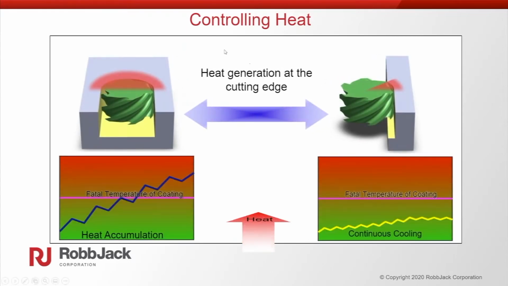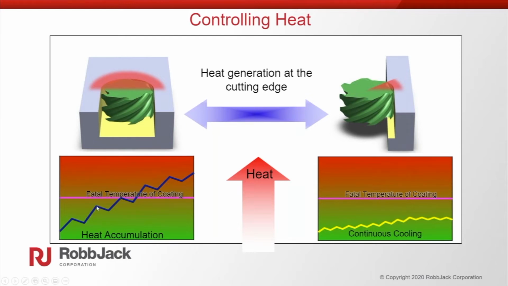So here's an example of the full slot versus the light radial width of cut. What happens in very difficult materials like titanium and stainlesses and cobalt-chrome is if you try to do that full slot, you either have to go very conservative speeds and feeds and a very slow process, or you get what's called heat accumulation.